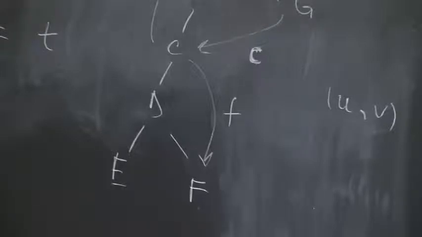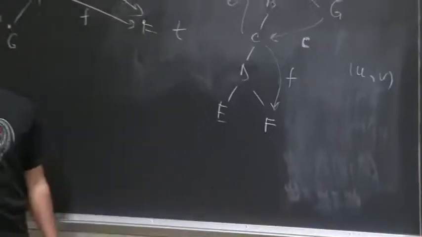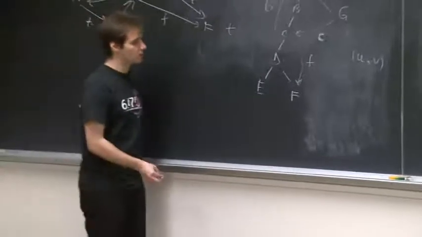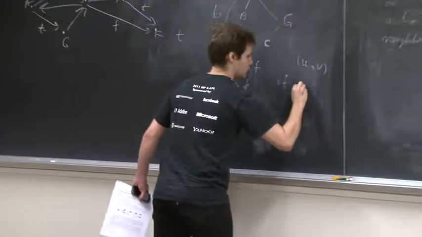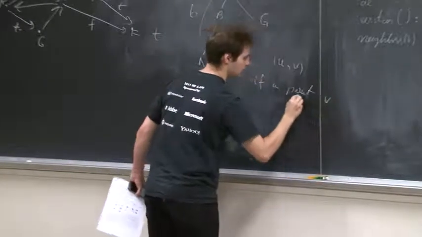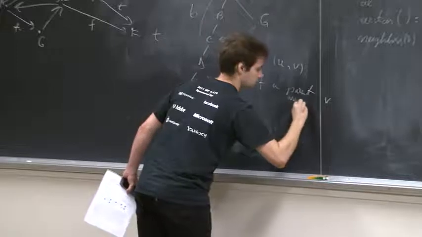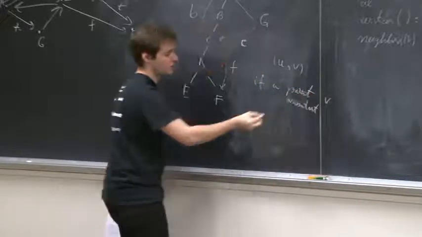So I think you look at whether U is the parent of V. Well, let's say ancestor. It's not just the direct parent, but this is the right intuition.